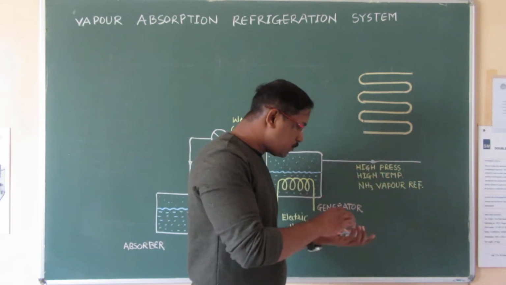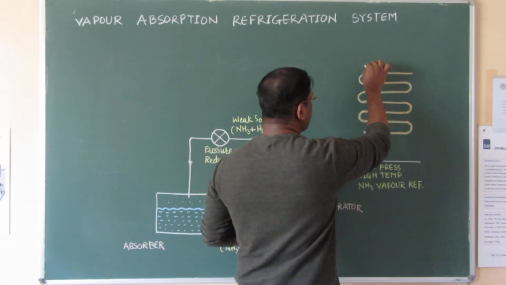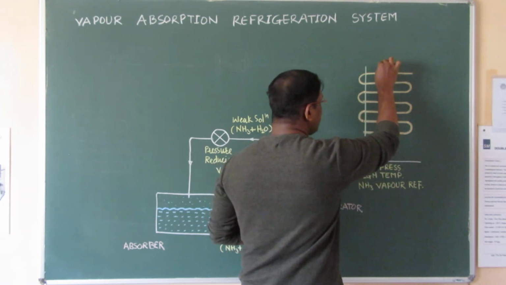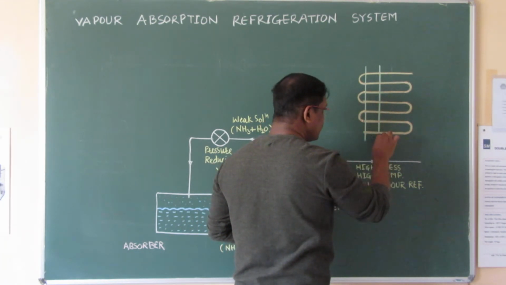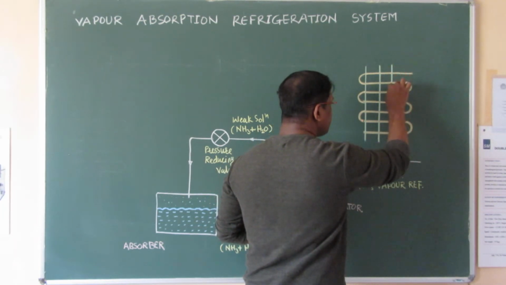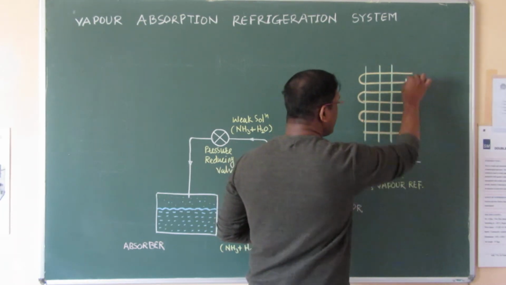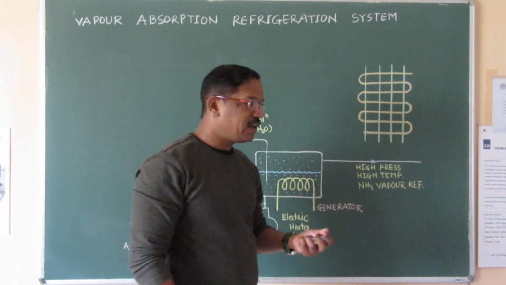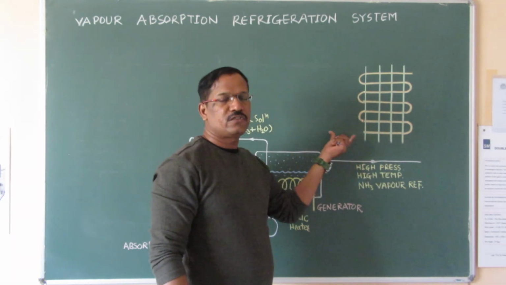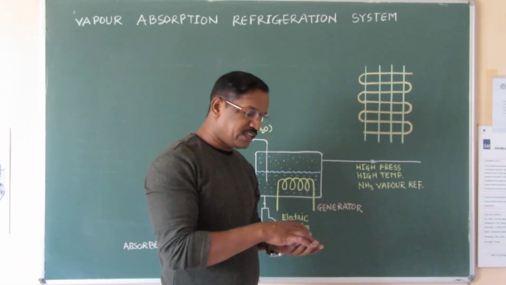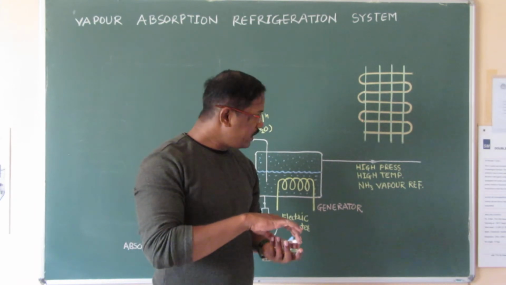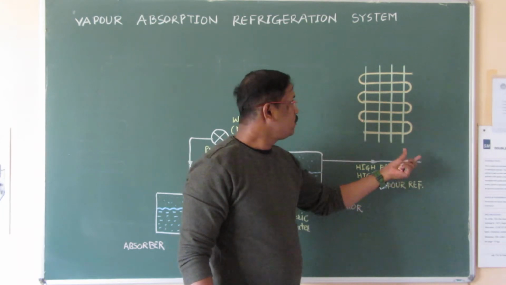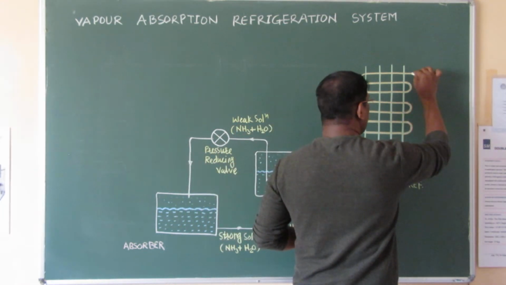To increase the overall surface area, we provide fins to the condenser unit, and with the help of these fins, the overall surface area increases. So now it becomes sufficient to cool down the vapors of ammonia, and there will be a phase change when it reaches the outlet of the condenser. And as I explained in a previous video also, we have to connect this outlet pipe to the top of the condenser only.